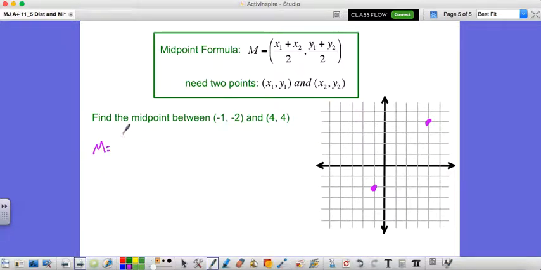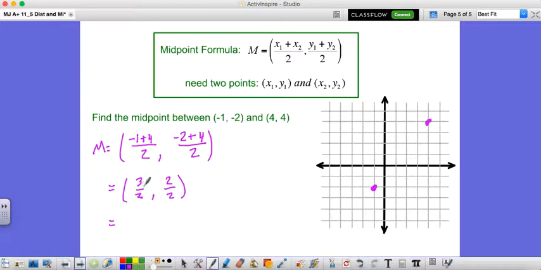Midpoint is equal to negative 1 plus 4 divided by 2, and negative 2 plus 4 divided by 2. Negative 1 plus 4 is 3. Negative 2 plus 4 is 2.